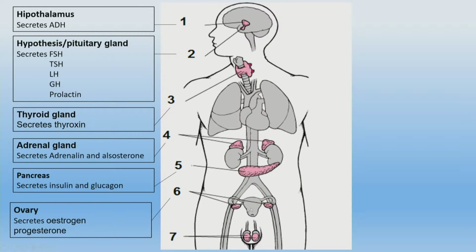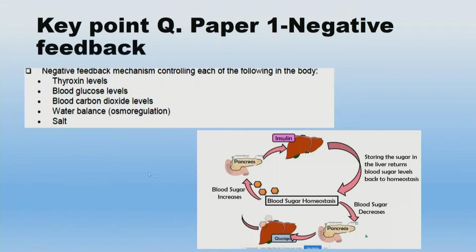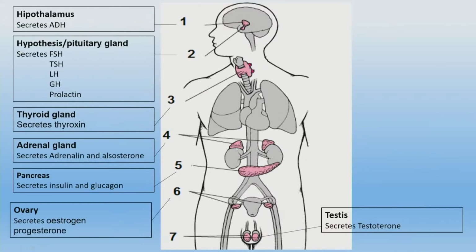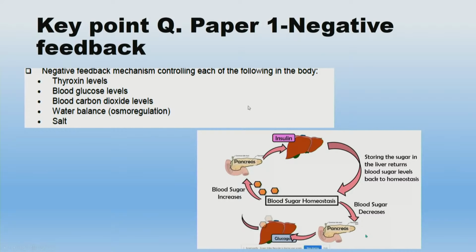You remember during human reproduction, they secrete estrogen and progesterone. And then we also have the testes, which secrete testosterone. So please just remember that you have to know your glands, the hormones which are secreted by those glands, and again the functions of each and every hormone.